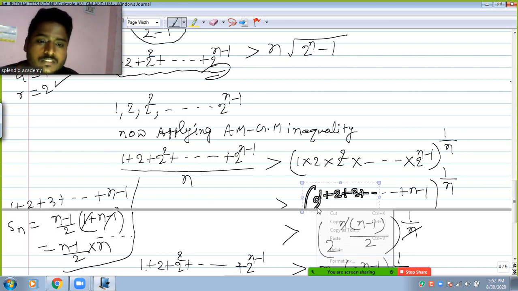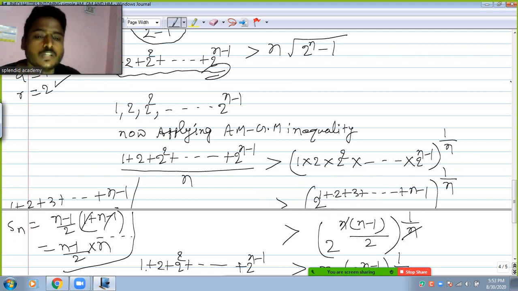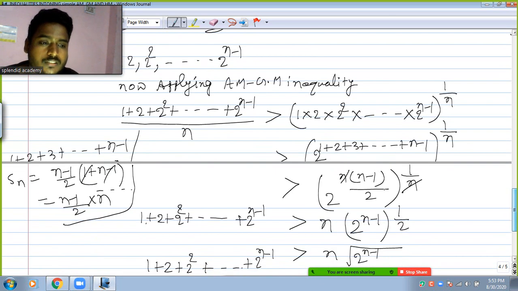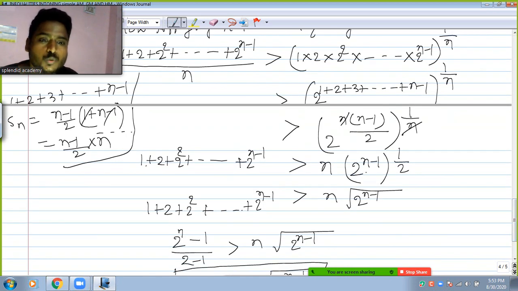Instead of 1 plus 2 plus 3 up to n minus 1, I have just added all these numbers, and we will get n into n minus 1 upon 2, just like here. So this n and n will be cancelled out, then I will be left with n into 2 to the power n minus 1, and 1 upon 2.